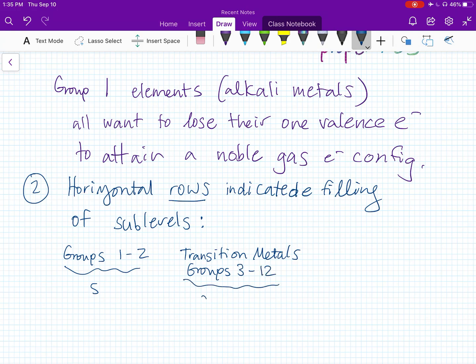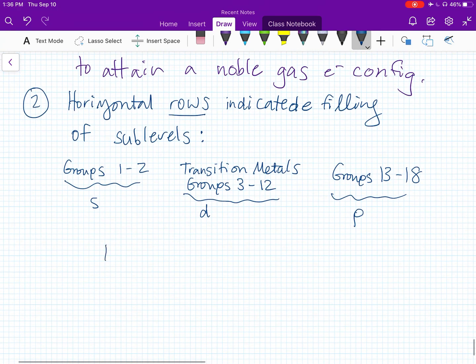Those correspond to the D block, the 5 D orbitals in a given principal quantum level. And then groups 13 through 18 correspond to the P block. And then at the very bottom of the periodic table, you have the lanthanide series and the actinide series. And those fill the F sublevels.